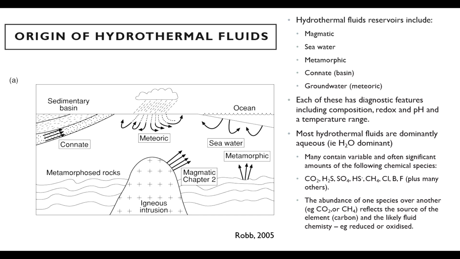And you get a mix, but we also have these chemical species with various combinations: chloride, boron, fluorine, hydrogen sulfide. And many of them are important ones for carrying metals. We'll get into that a bit later. And their composition obviously varies depending on source and nature of the fluid.